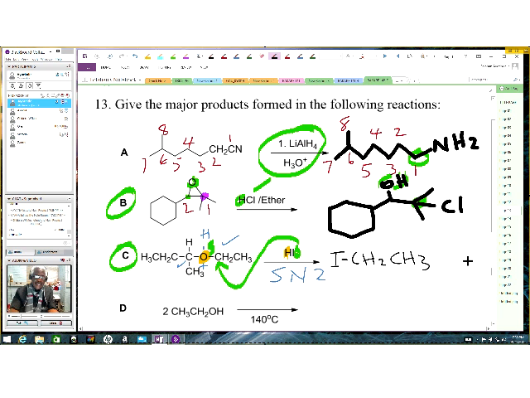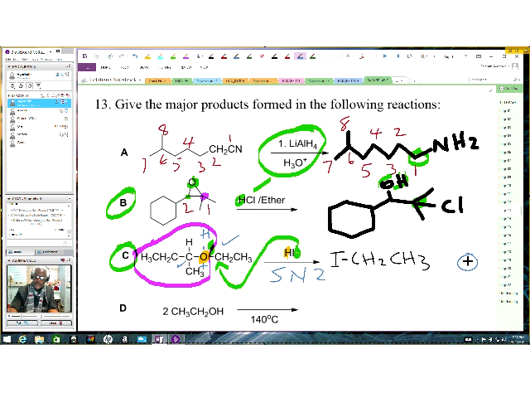You get that product, plus you are also going to get another product from this part of the molecule right here, which in this case will be a secondary alcohol, plus you are going to get this.